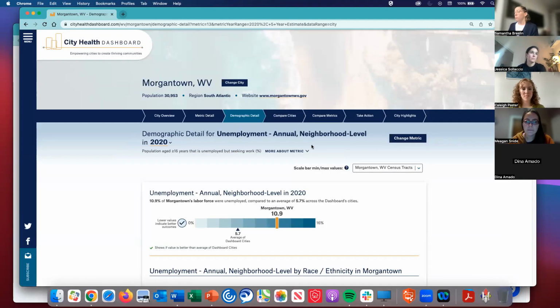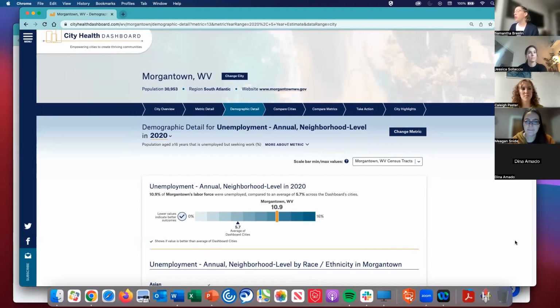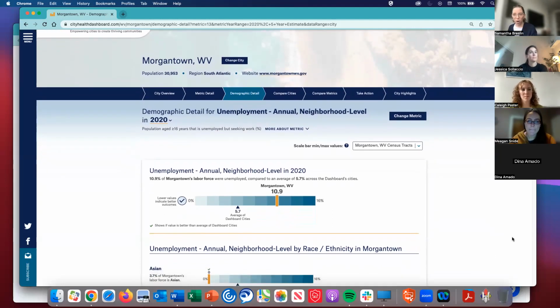And moving along this navigation bar, as we call it, for about 1/3 of our measures, we do have neighborhood level data. But for a lot of the measures where we only have city level data, we try to compensate for that lack of geographic granularity by also providing demographic data.